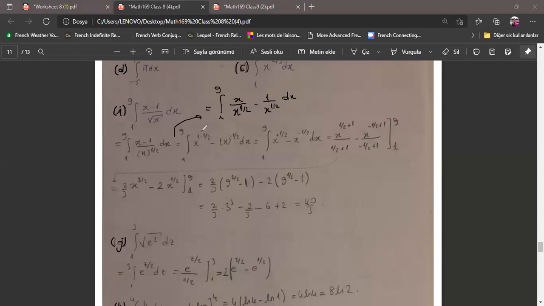So this can be written like this, and this can be written like this. So here we have x to the 1 over 2, and here we have x to the -1 over 2. Now we can take integrals separately, right? So this one's integral is here. We just add 1 to the power and we divide it by its power. The same here again. So we plug first 9, then 1 and subtract them, right? As you see here, the rest is easy.